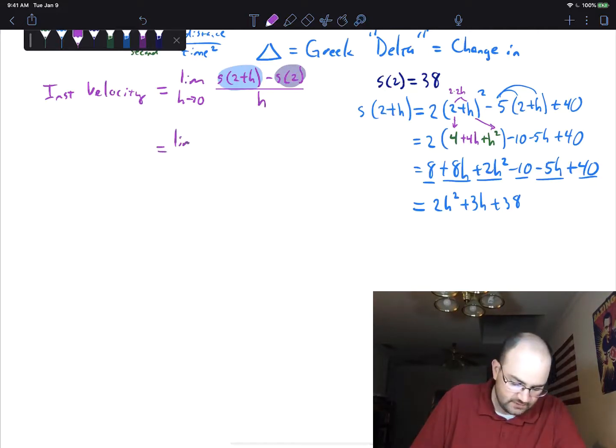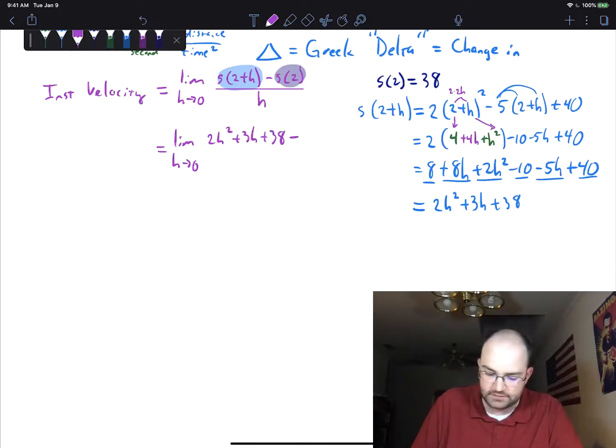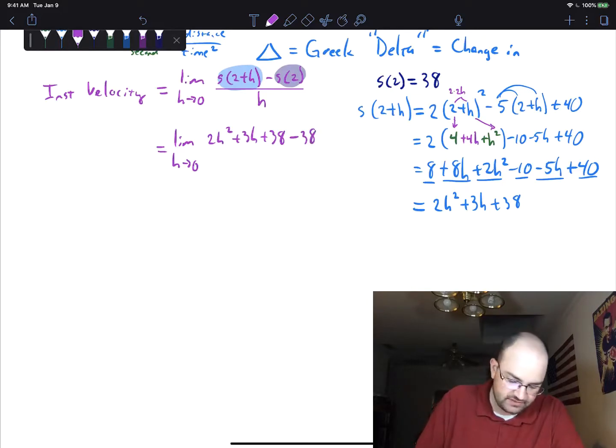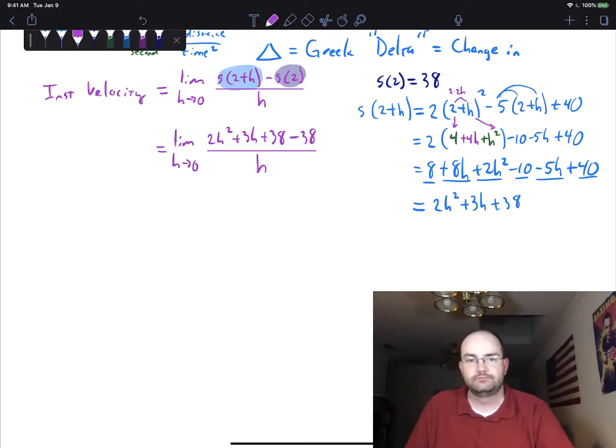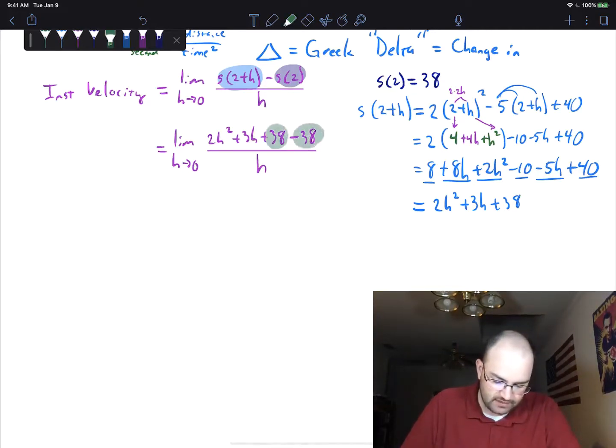Awesome. Just plug this in for this right here and plug 38 in for that and see what we get. That's going to give us the limit as h goes to 0 of 2h squared plus 3h plus 38 minus s of 2, which is 38, and then all over h. Awesome. But here's the thing. 38 and 38 cancel each other, right?